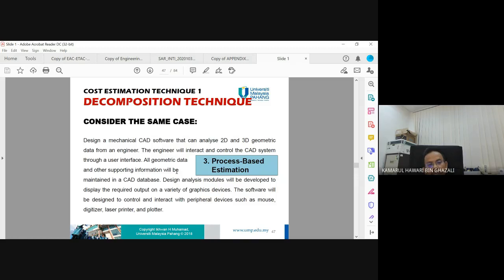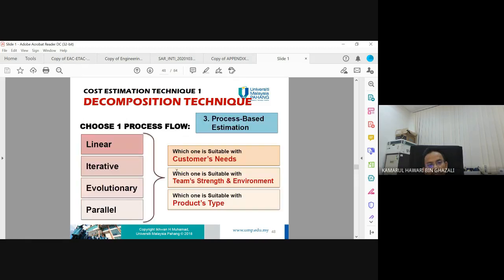Next is process-based estimation. Okay, linear, iterative, evolutionary, parallel, which is suitable with customer need, team strength, environment, product type. So this is the cost estimation based on the process base.